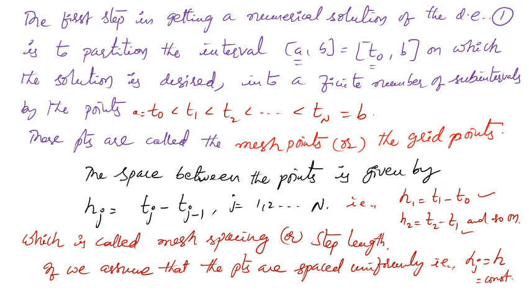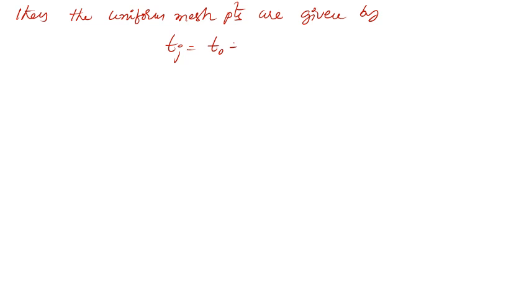Then the uniform mesh points, meaning equally spaced mesh points, are given by tj equal to t0 plus jh, where j is 0, 1, 2 and so on to n.